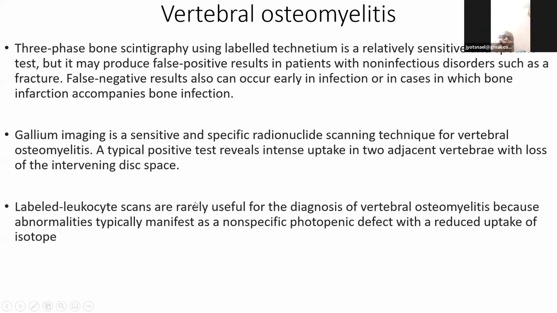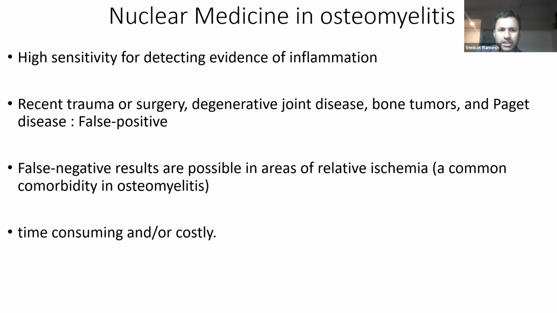Labeled leukocyte scans are rarely useful for the diagnosis of vertebral osteomyelitis because abnormalities typically manifest as a non-specific photopenic defect with reduced uptake of isotope. So it has high sensitivity for detecting evidence of inflammation. But again, you will see false positives and false negatives.